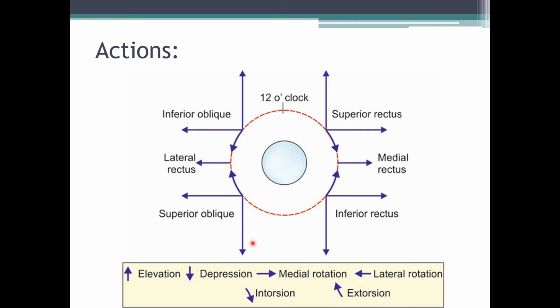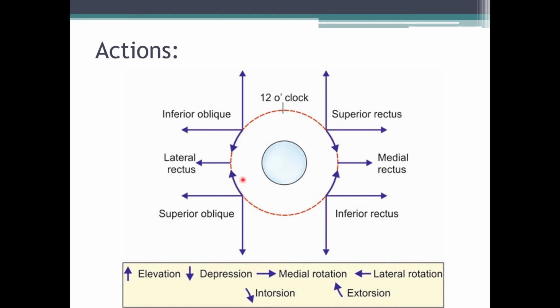If you pull that muscle from the trochlear pulley, it will definitely do the depression, and it will always produce your what? It will always produce your abduction, and it will produce your intorsion. So you have to remember that the superior rectus is the intortor of the eyeball, and the superior oblique is the intortor of the eyeball.